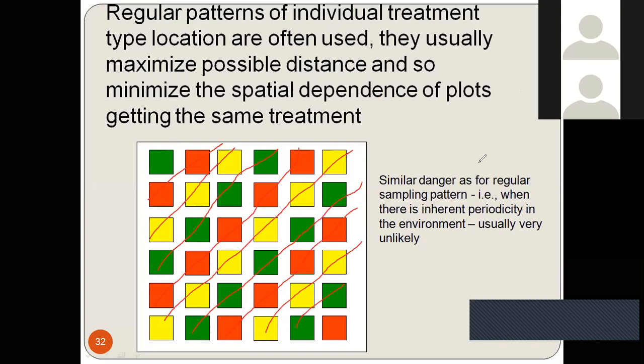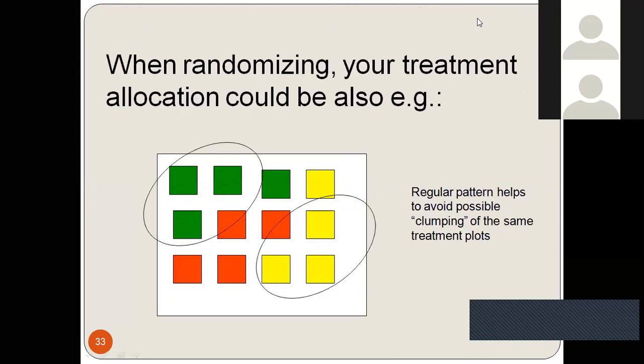Therefore, we'll have to do the randomization in a proper way. There's some periodicity. Here, this area is only with one treatment, only green color.